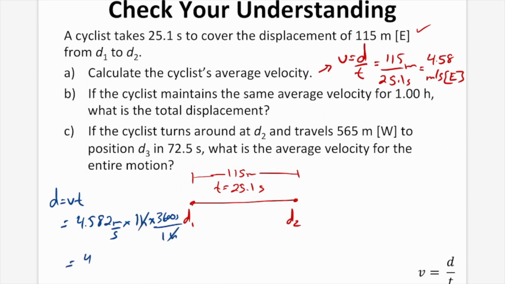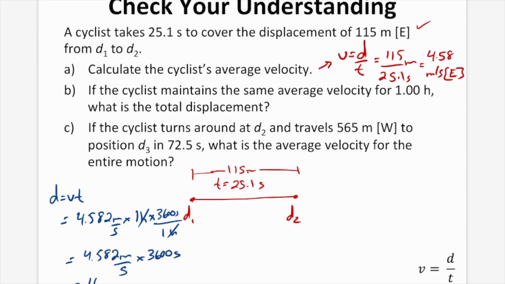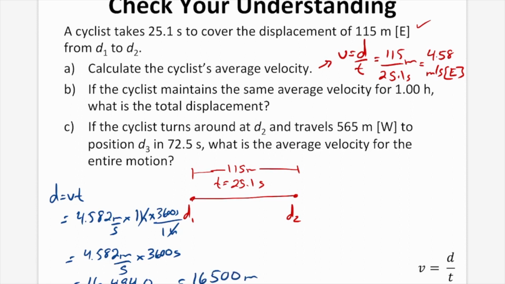So you're left with 4.582 meters per second times 3,600 seconds. And that gives us 16,494.0 meters. We need 3 sig digs in our answer. So it's going to be 16,500 meters or 16.5 kilometers.